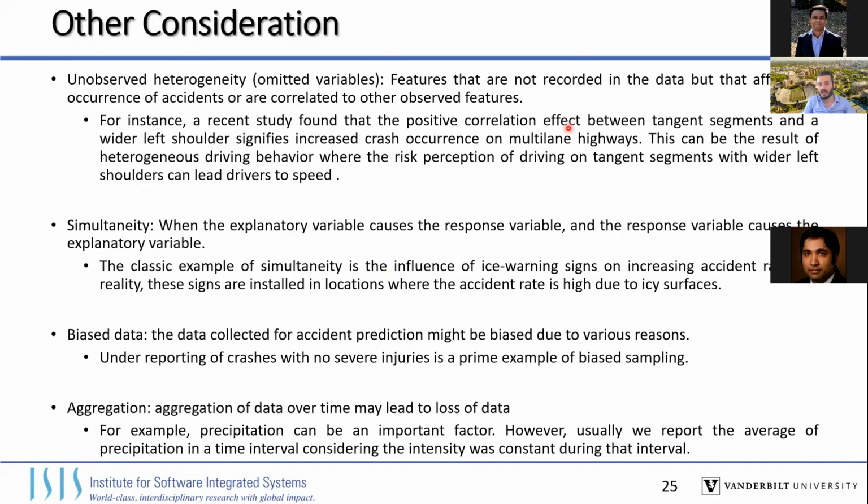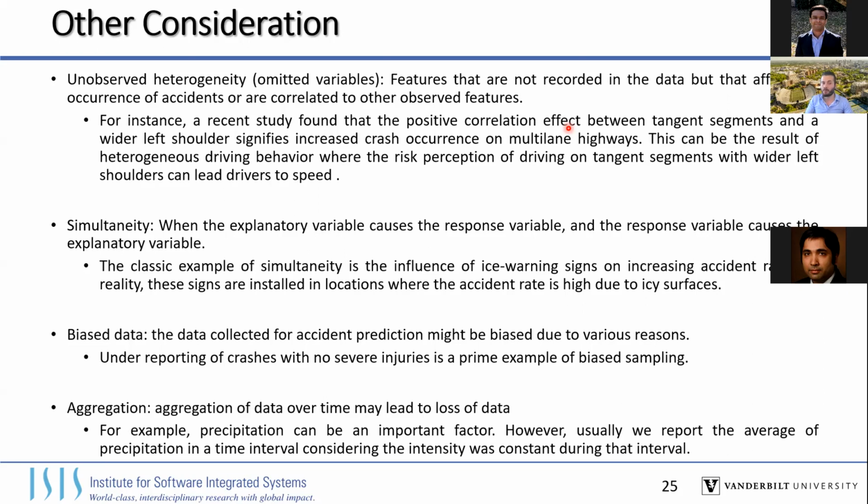The classic example of it is the ice warning signs. Usually you put the ice warning signs in the locations where the records are showing a high rate of accidents. But if you're not very careful, you may reach another conclusion, that the ice warning signs are increasing the chance of incidents.